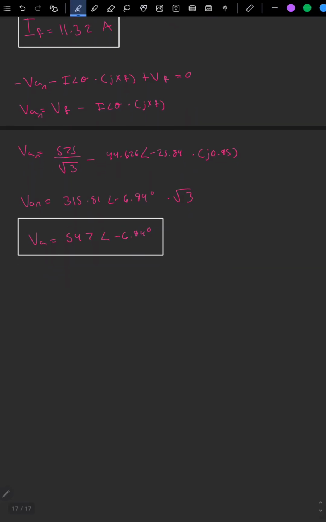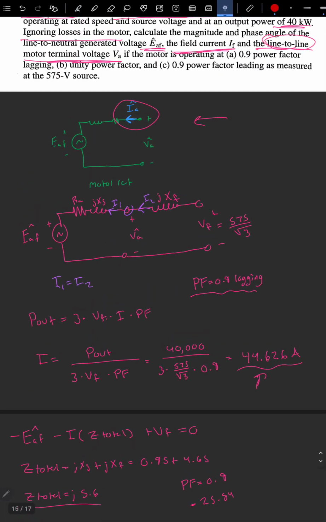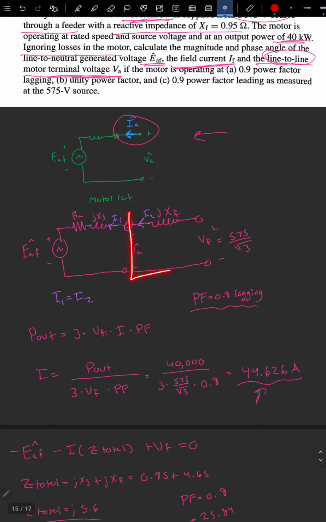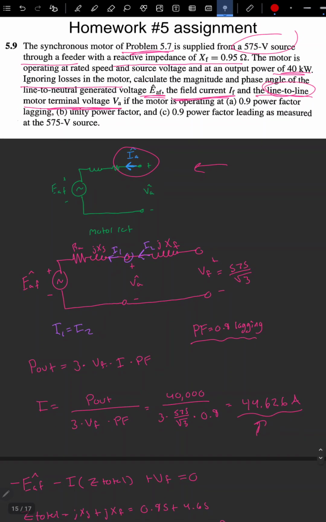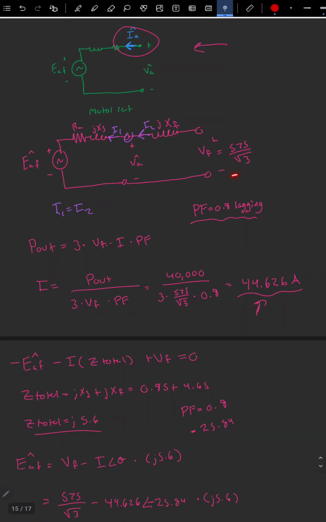And that's the answer. So to recap that question as well, basically, same thing, but we add the feeder impedance, which added a feeder voltage. So basically, previously we treated the VA as the open, now we're treating the VF as an open. We solve via KVL around the loop.